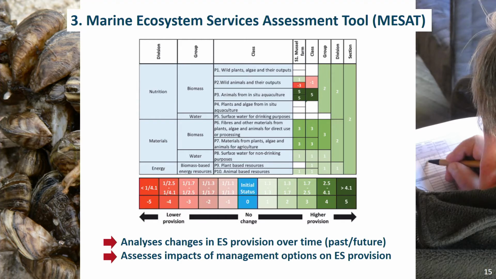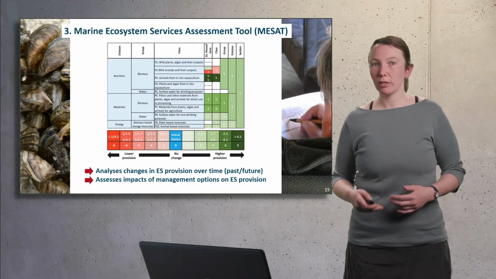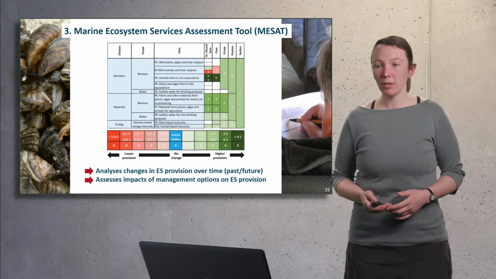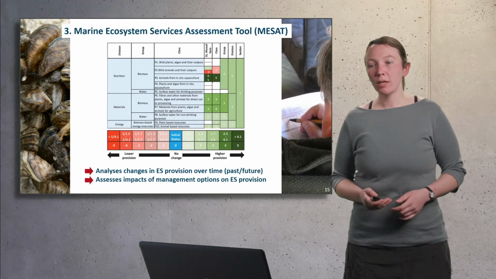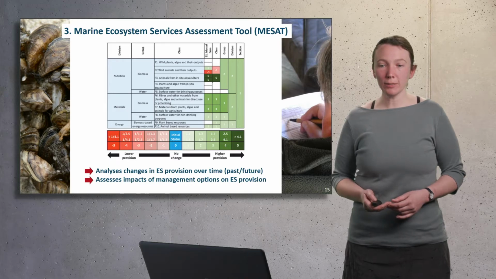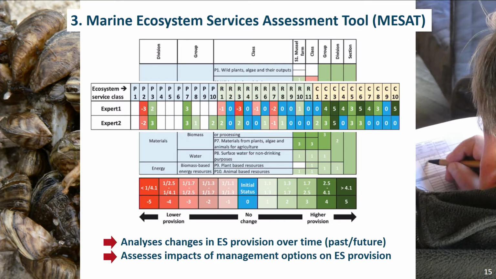And also impacts of different management options on the ecosystem service provision can be assessed. So this can be done in a data-based approach where you use literature or modeling results to fulfill the different indicators. Or you can also use it with expert opinions who score the different measures.